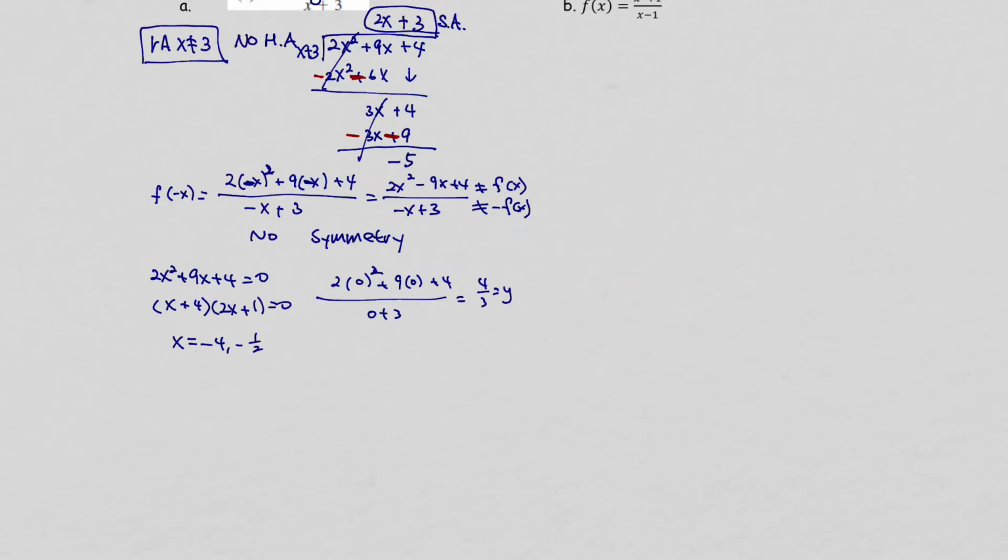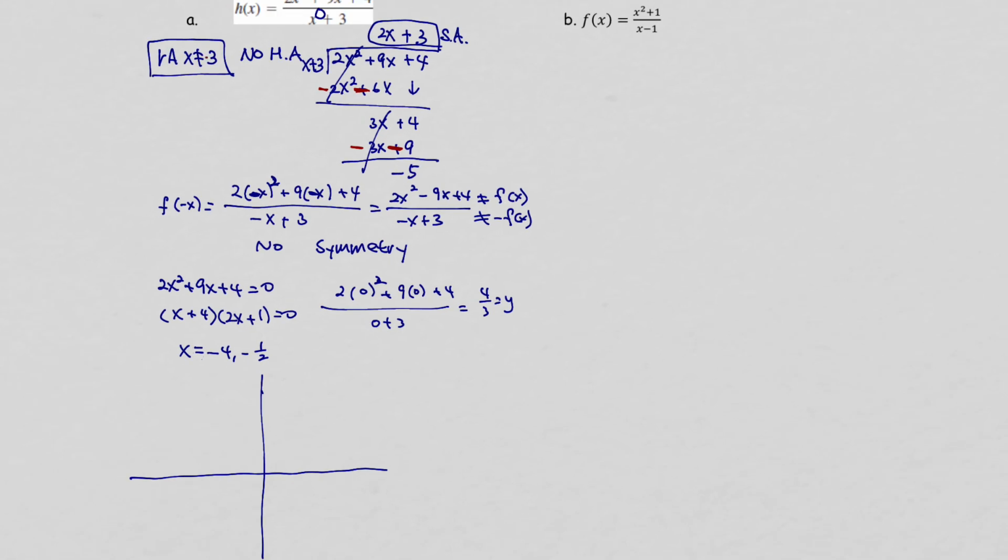And when you graph all that information, you need to mark the vertical asymptote. Let me see, that's negative 3, right? Make sure that's negative 3. So then 1, 2, 3. And then the slant asymptote is y equals 2x plus 3. So the y-intercept will be 3. 1, 2, 3. Slope is 2.